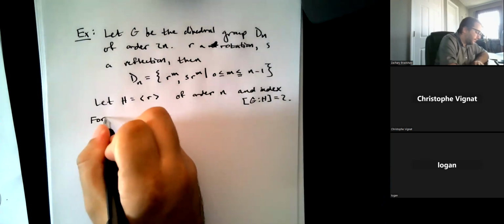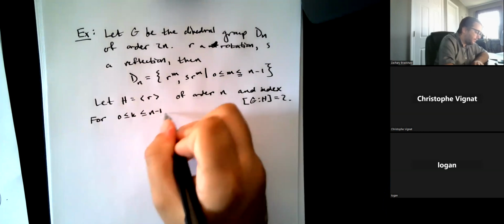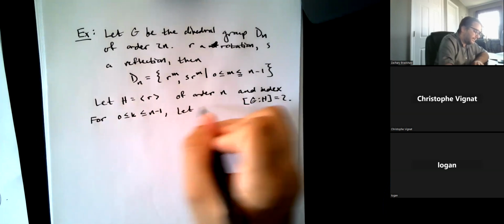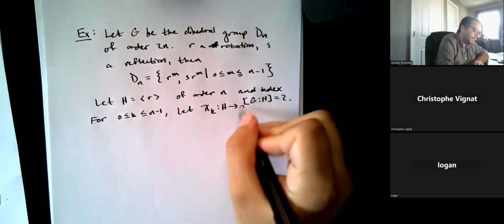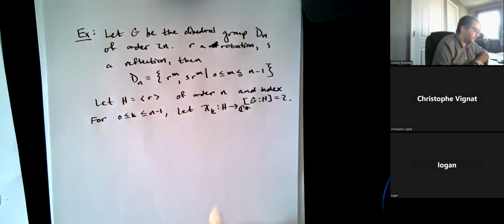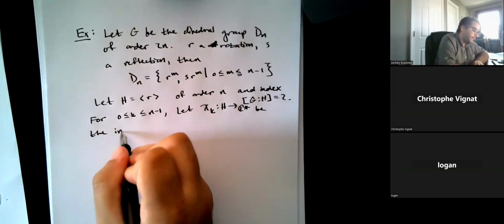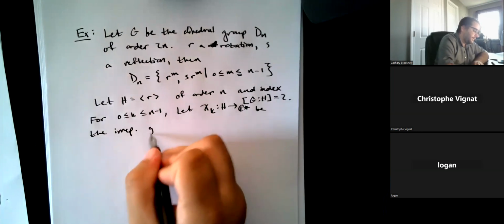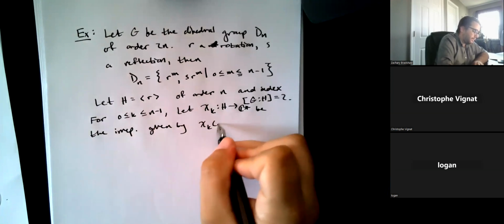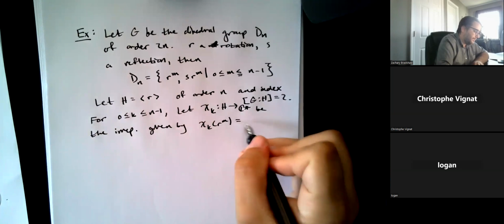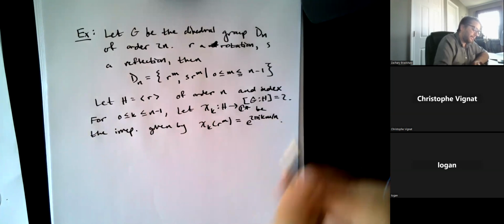So for 0 less than or equal to k, less than or equal to n minus 1, let chi k from H to C star be the irreducible representation given by chi k of r to the m equal to e to the 2 pi i k m over n.